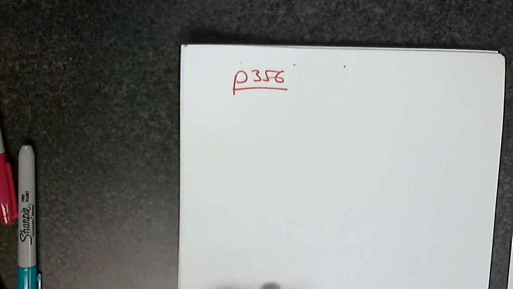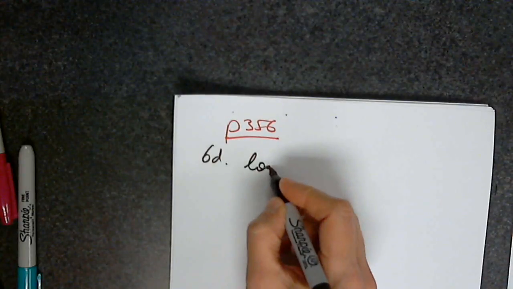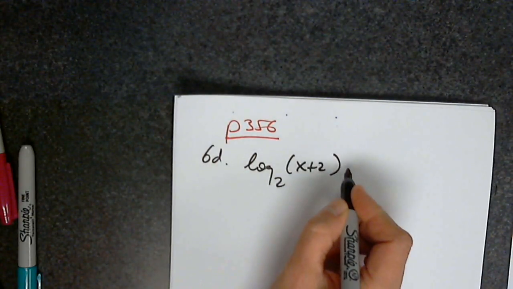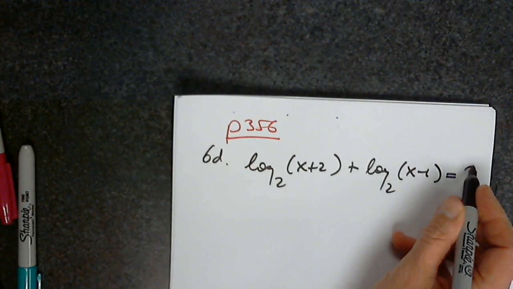Let's say part D in 6. 6D: log base 2 of x plus 2 plus log base 2 of x minus 1 equals 2.